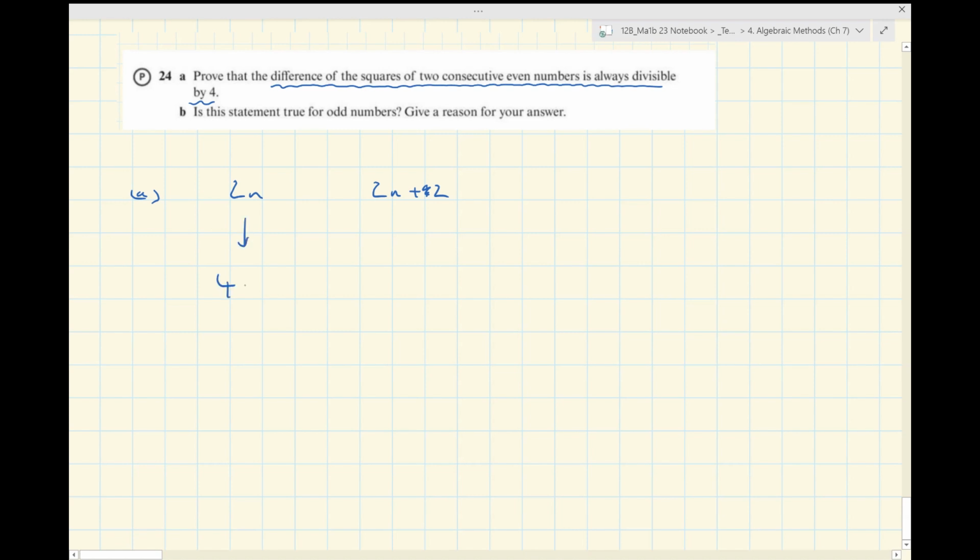That's 4n squared, and this is 2n plus 2 multiplied by 2n plus 2, which is 4n squared plus 8n plus 4. So the difference is 8n plus 4. And can I show that that's always divisible by 4? Yes, because I can write it as a multiple of 4. So there we go, that's that done.